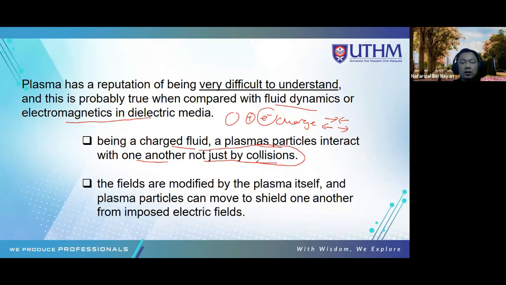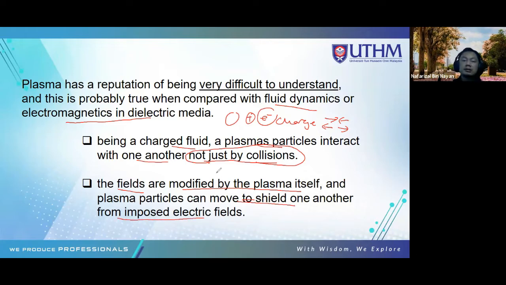So you have a lot of interaction: chemical, physical, and electromagnetic. The field in the plasma is modified by itself, and the particles can move to shield one another from the imposed electric field.